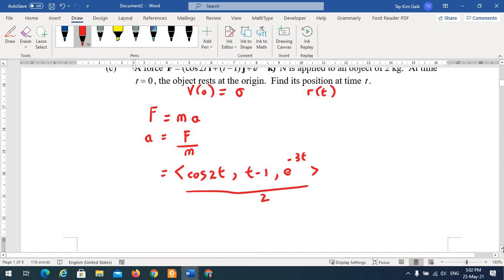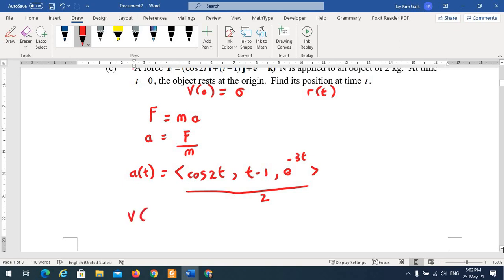So this is a(t), a function of t. Your acceleration vector is cos 2t i plus (t minus 1) j plus e to the negative 3t k, divided by 2. Given a(t), when you integrate, you can find v(t).